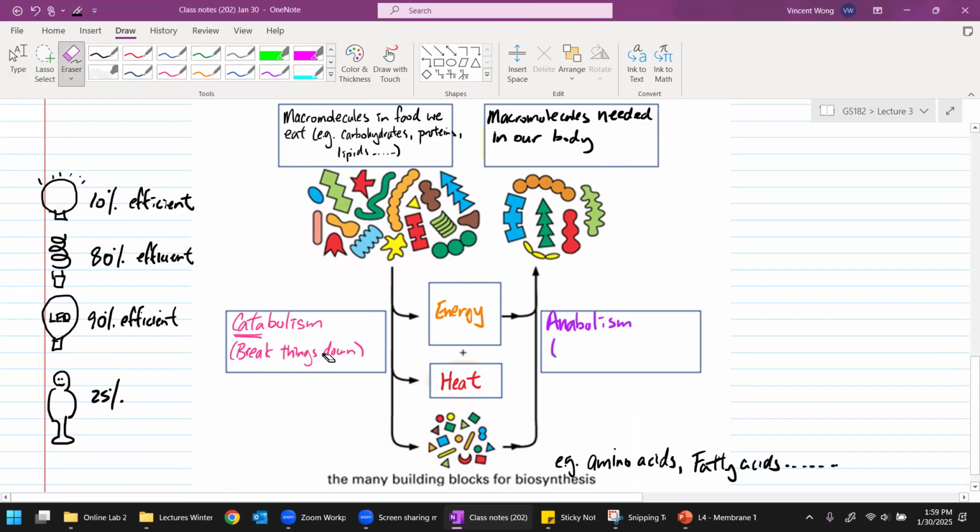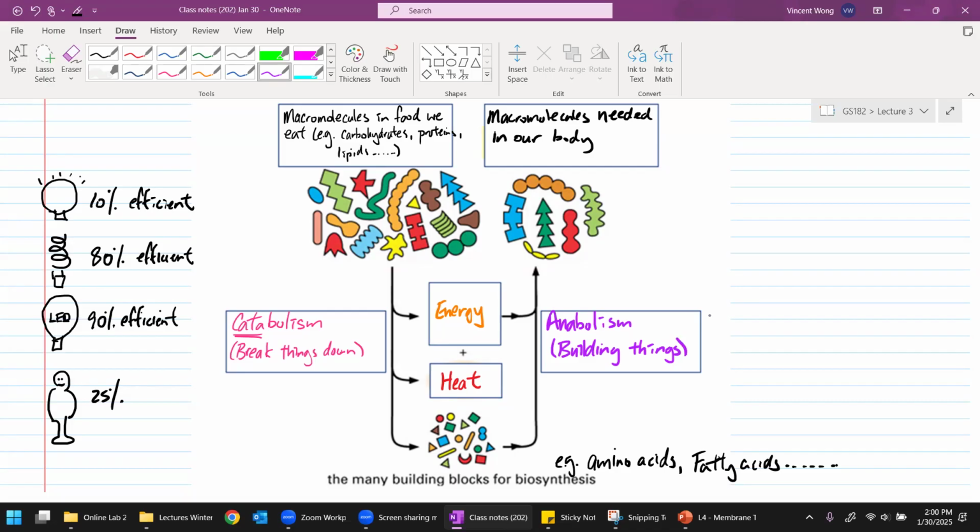So instead of breaking things down, we are building things. And building things takes effort. It takes energy. And that's where we're going to use the energy. Essentially, the energy produced by catabolism will be used to enable anabolism. If we don't eat, we don't get energy, we can't build anything.